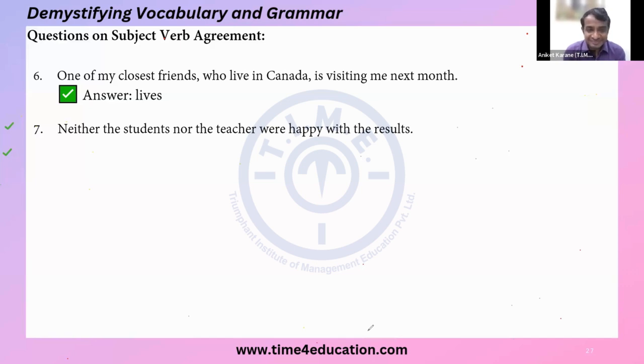Remember the rule. What was the rule? Neither nor, two subjects, one singular, one plural. What happens? Yes. Jayesh, very good. Damodar, very good. Priya, very good.